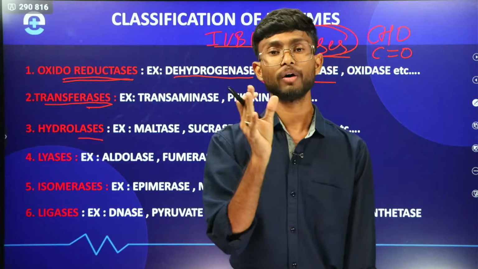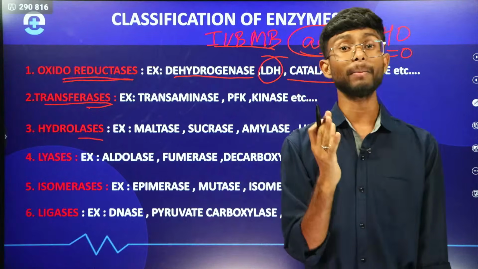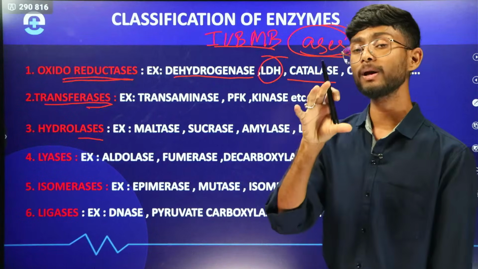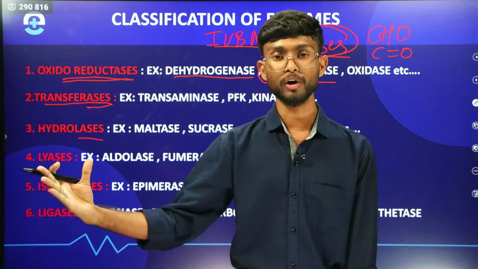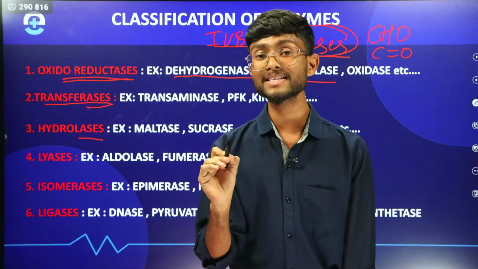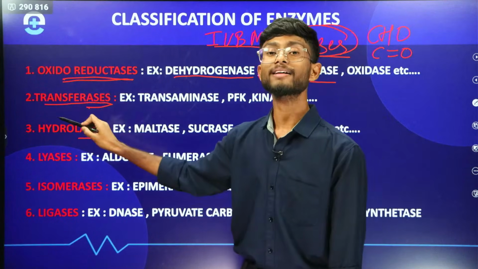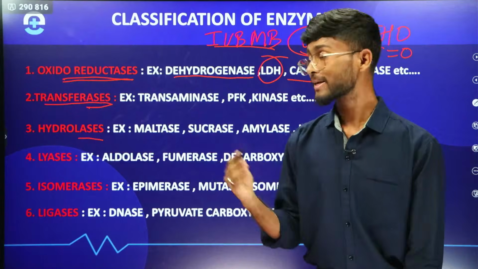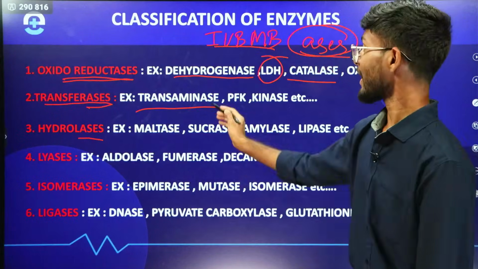Or transaminase, where the amino group is transferred from one molecule to another molecule. Which enzyme catalyzes that reaction? That reaction is catalyzed by a transferase enzyme. For example, transaminase. What is that enzyme? Transaminase.